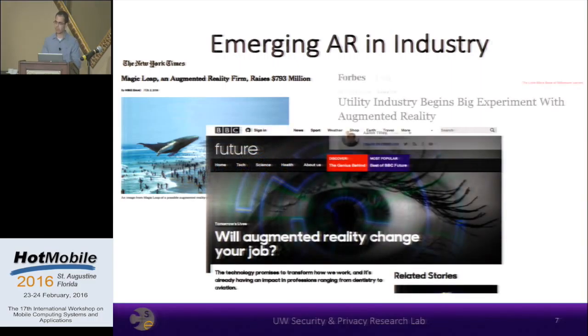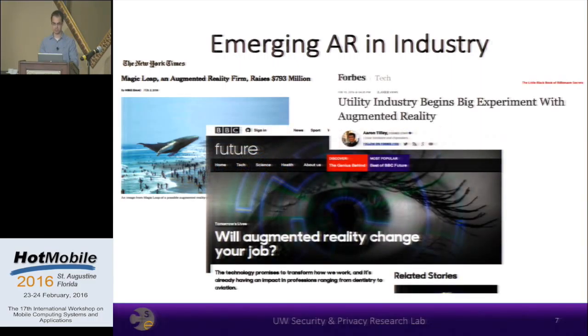Indeed, we're starting to see a rapid increase in interest and investment in new emerging AR technologies. These systems are becoming more and more capable of supporting a broad range of applications, spanning a wide spectrum of domains, ranging from health to maintenance to entertainment and more.